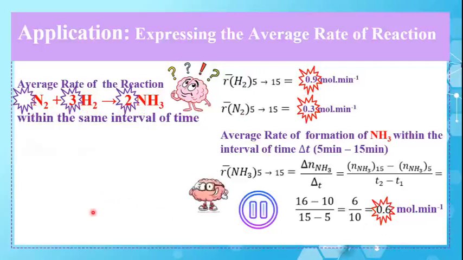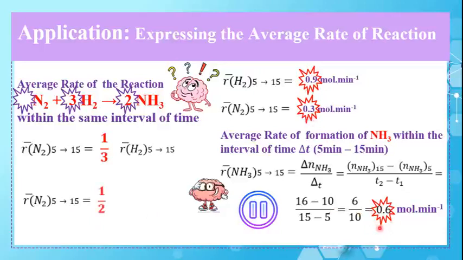Yes, we notice that the average rate of disappearance of N2 in the interval of time 5:15 is equal to 1 over 3 the average rate of disappearance of H2 in the same interval of time. Also, the average rate of N2 in the same interval of time is equal to 1 over 2 the average rate of formation of NH3 within the same interval of time.